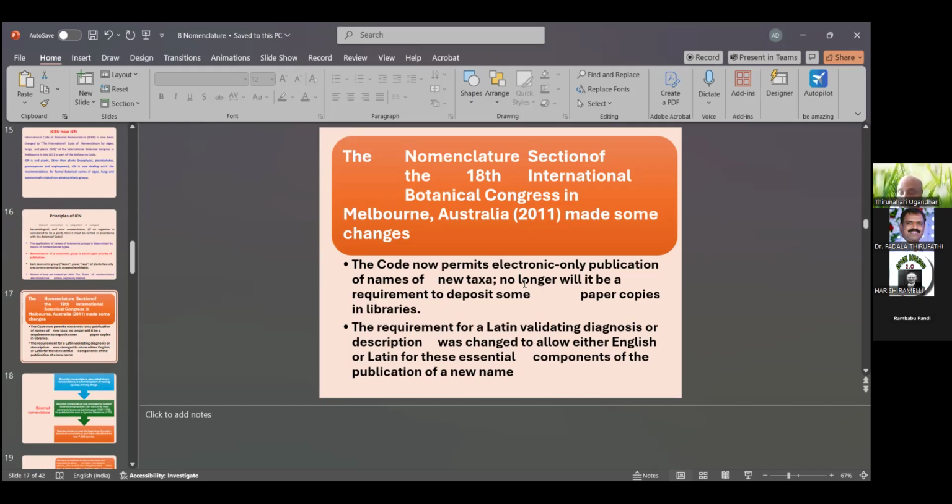There is no longer a requirement to deposit paper copies in libraries. This is based on floras and manuals. The requirement of a Latin validating diagnosis or description was changed to allow either English or Latin. These are essential to the naming of plants. That is one important principle of plants.